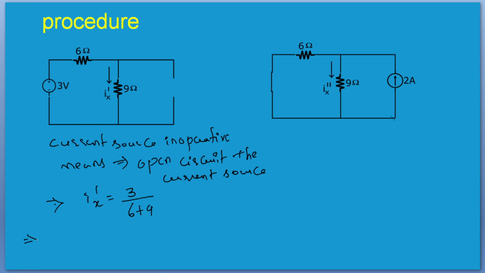That implies Ix dash is equal to 3 by 6 plus 9. How much? It is 15. So which will equal to how much? 1 by 5, which is equal to 0.2 amps.